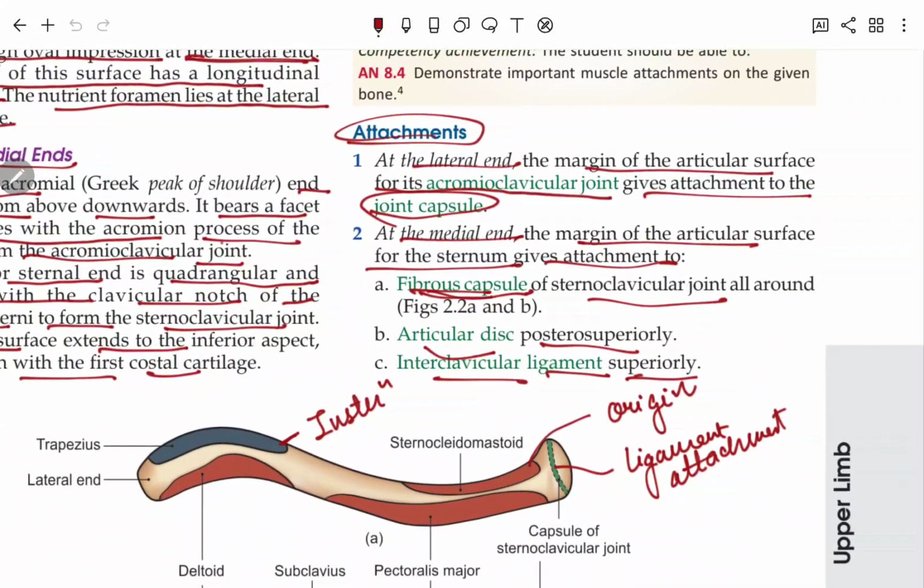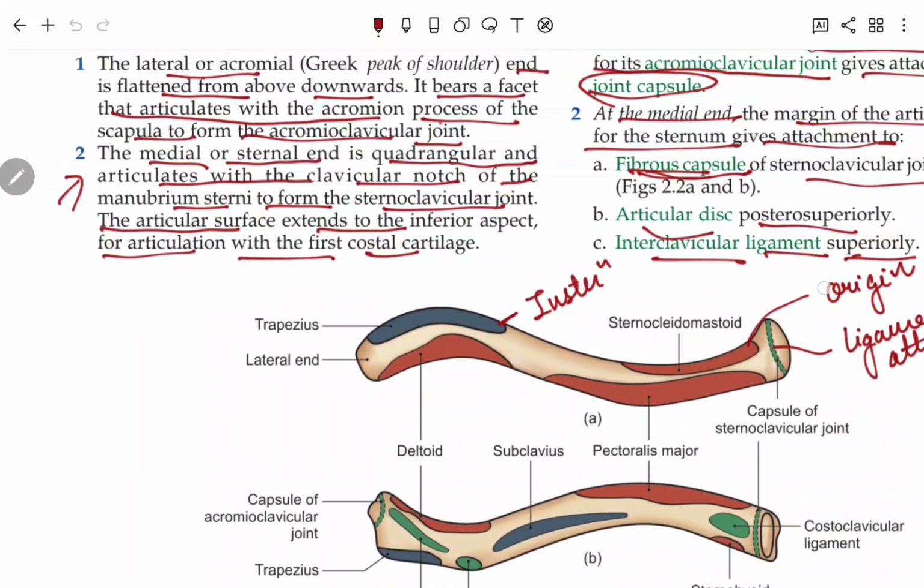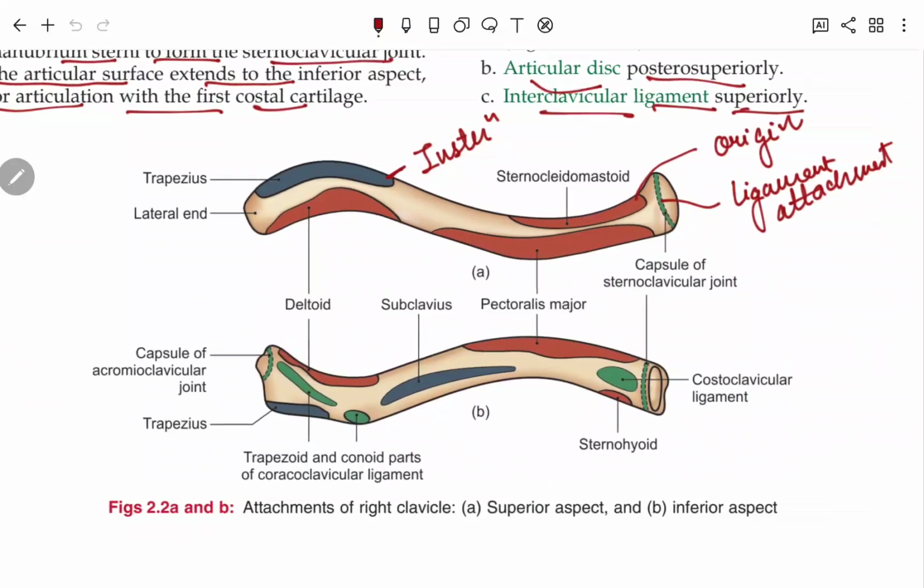Here we have discussed the ligaments, and now again the lateral third of the shaft. What's present on the lateral third of the shaft? This is the lateral part, okay? This is the lateral part, and this is all the medial part. Now on the lateral part we have the capsule of the acromioclavicular joint.